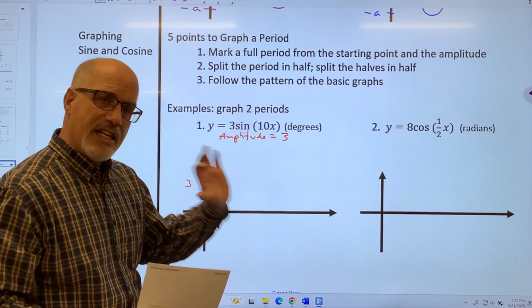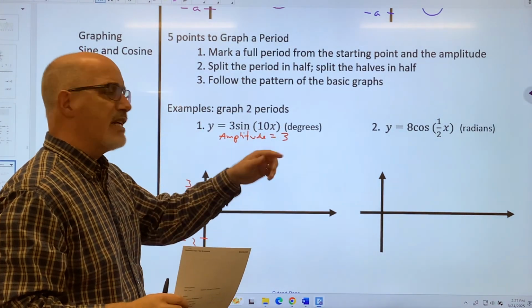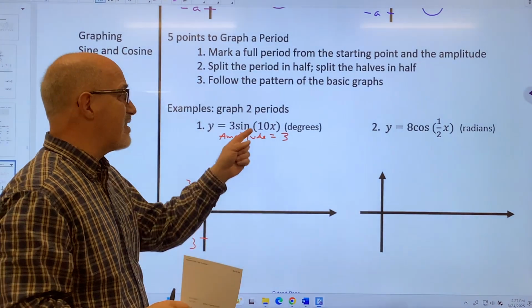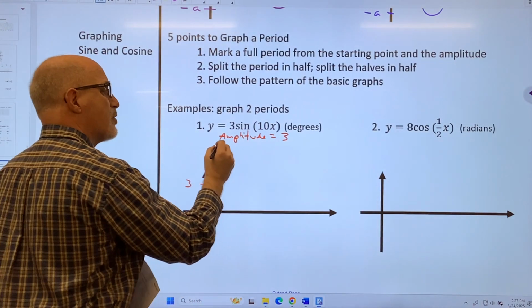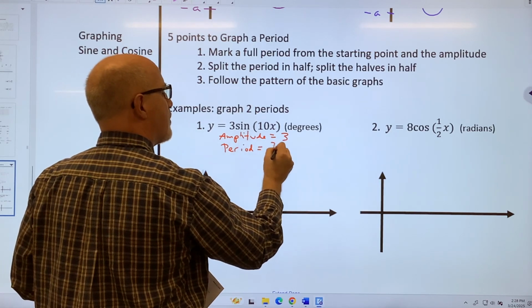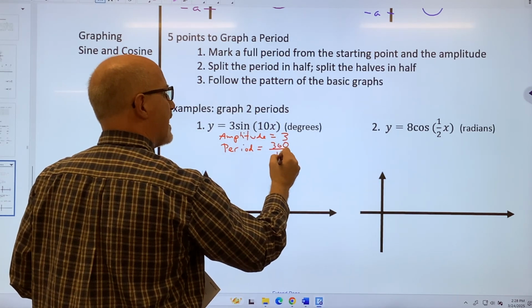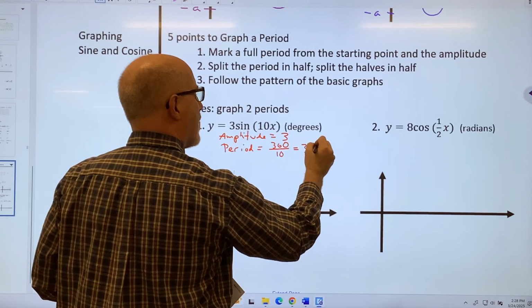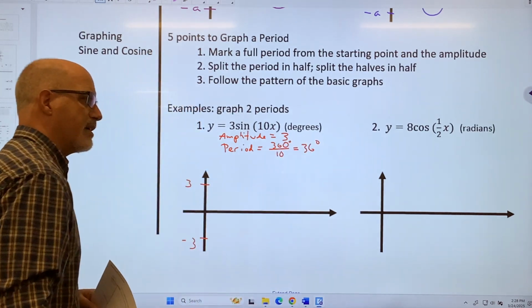It affects it inversely. Remember, if we do it in degrees, we're going to take 360 and divide by that number. So our period for this one is going to equal 360 divided by 10. So our period for this problem will be just 36 degrees.